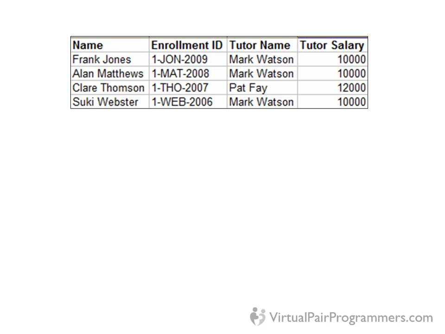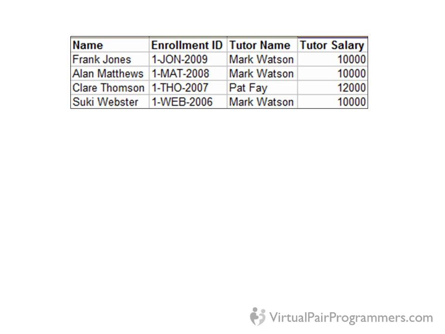And of course this is bad because it might not get updated properly. Now if we have to update the salary for Mark Watson, we'd have to be careful to go to all three of those rows to update the salary. And it's just bad design, really, because these three Mark Watsons are the same tutor.